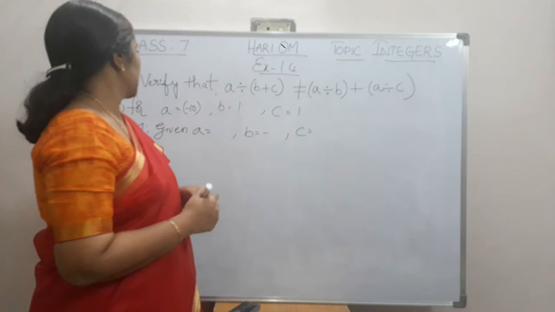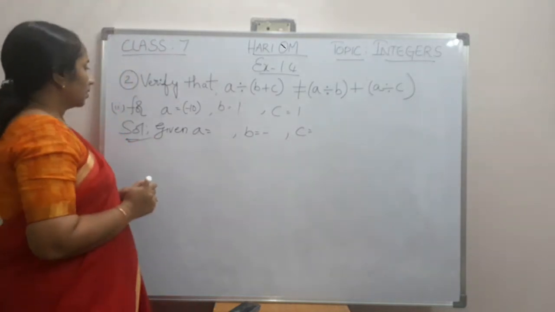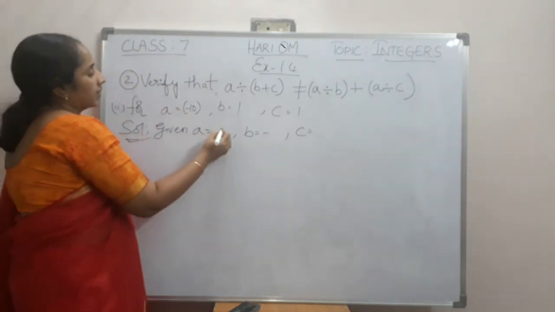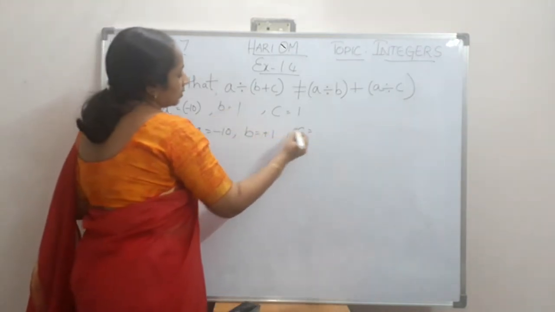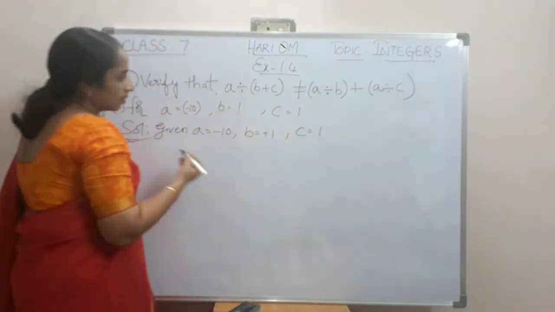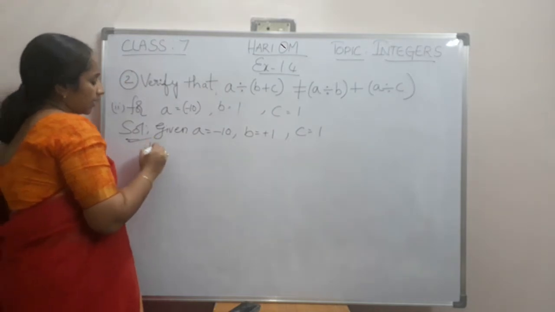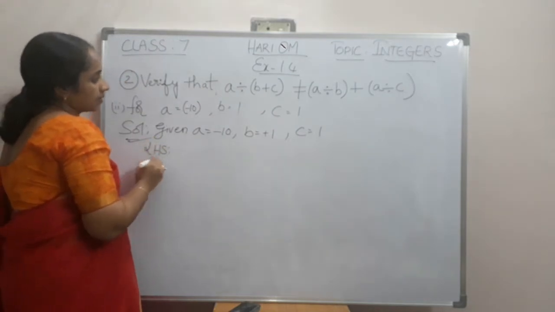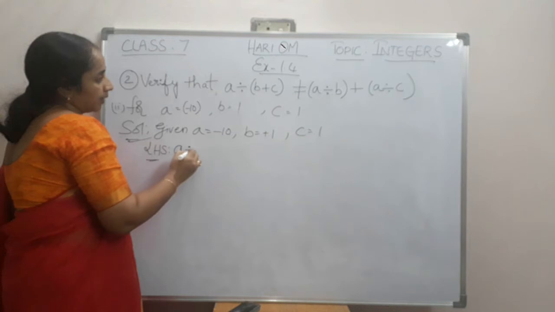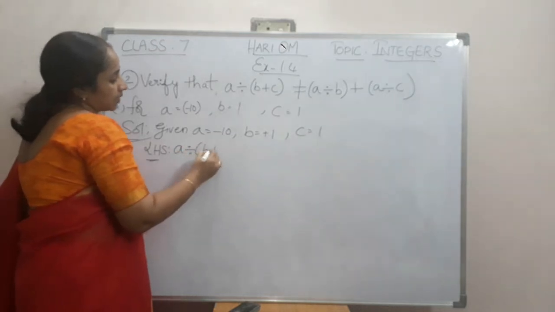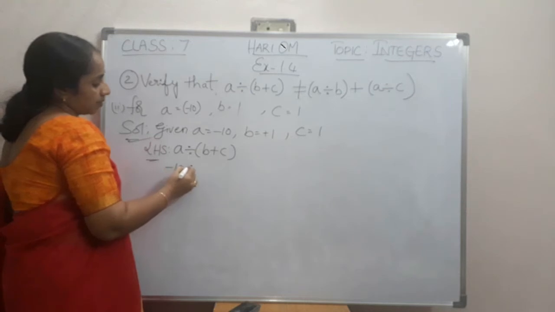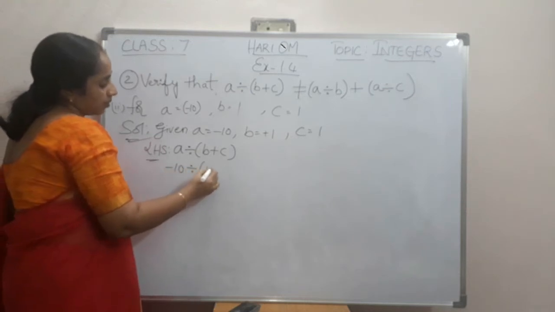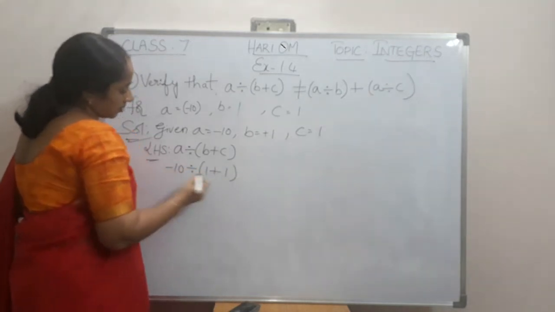One more problem. Given a is minus 10, b is 1 and c is also 1. Now take the LHS part. It is a divided by b plus c, that is minus 10 divided by 1 plus 1.